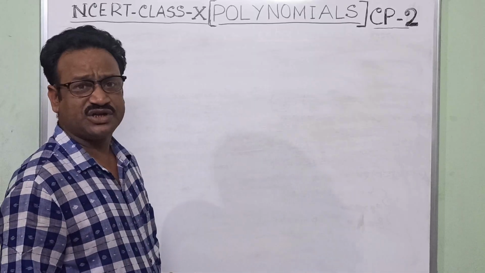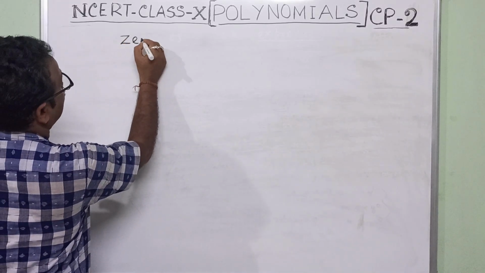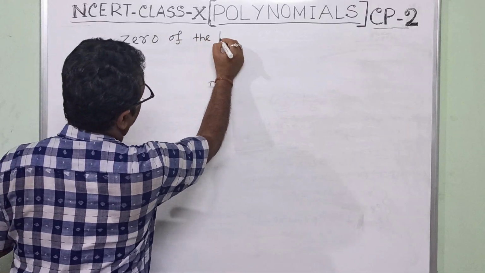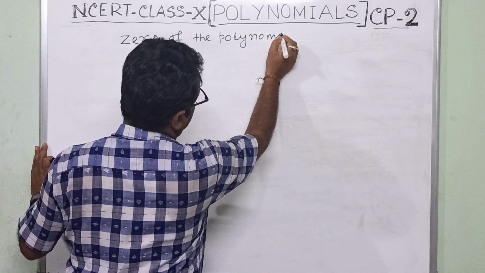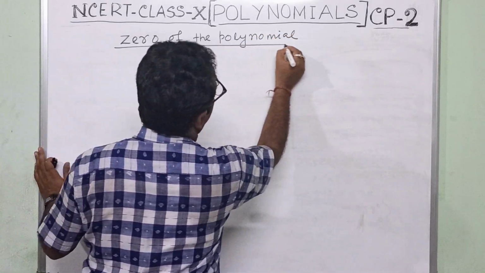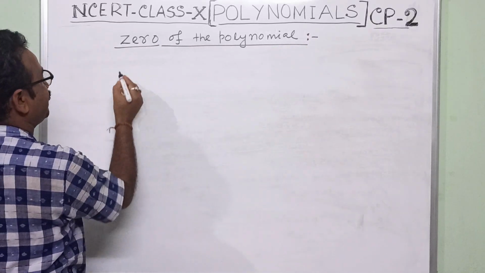Move on to the next. Zero of the polynomial. Now to understand what is the zero, first, the definition.